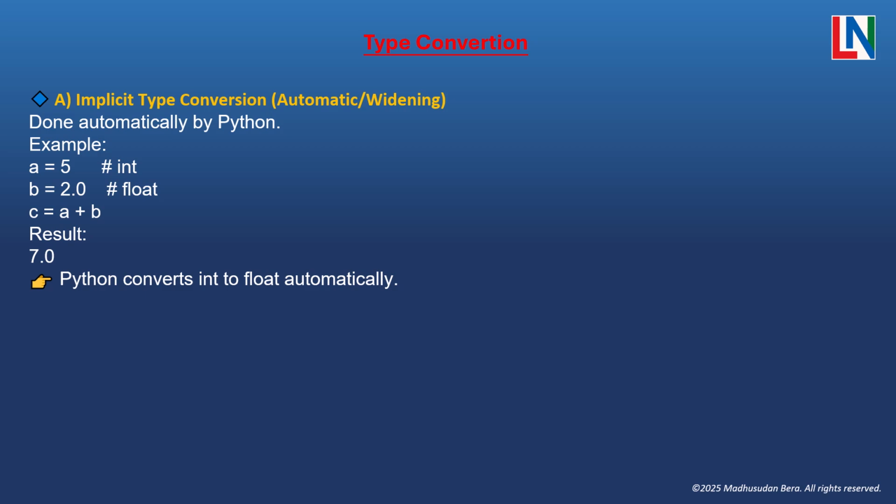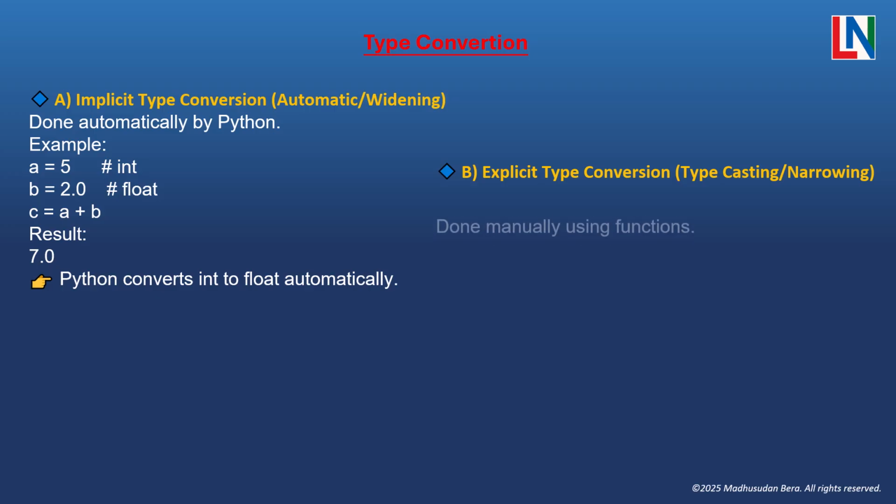Next one is explicit type conversion, or typecasting, or narrowing type conversion, done manually using functions by the user or programmer.